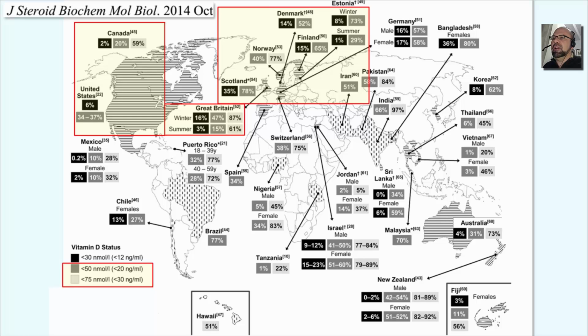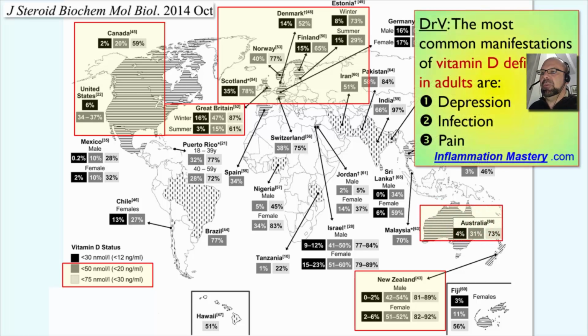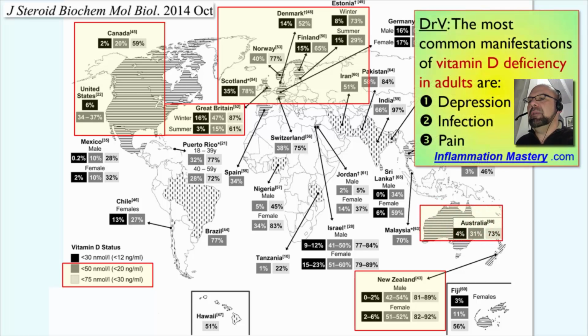In Scotland, Norway, Finland, we see prevalences of 52%, 65%, 77%, and 78%. If we look at New Zealand, we look at prevalences of 90% in men and approximately 90% in women as well. Australia, 73%. The most common manifestations of vitamin D deficiency in adults are depression, infection, and today's topic, which is chronic pain.